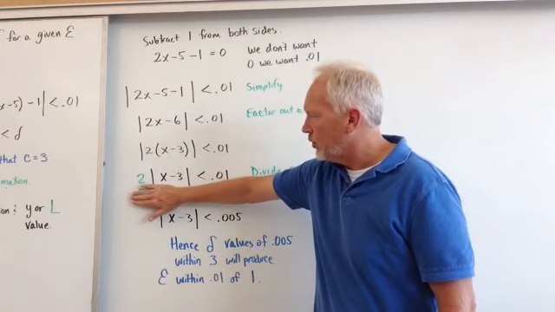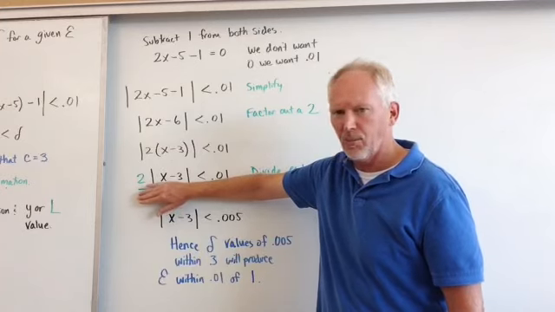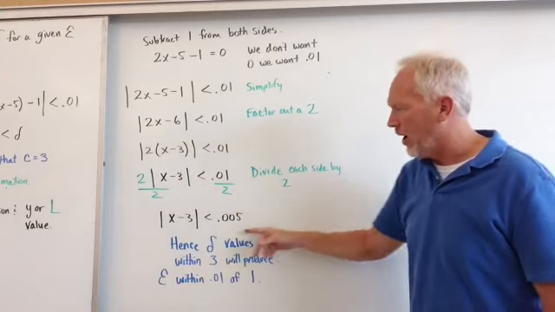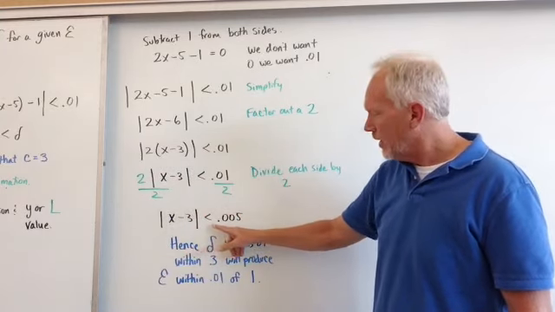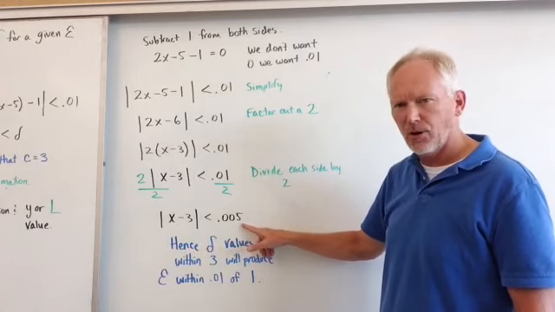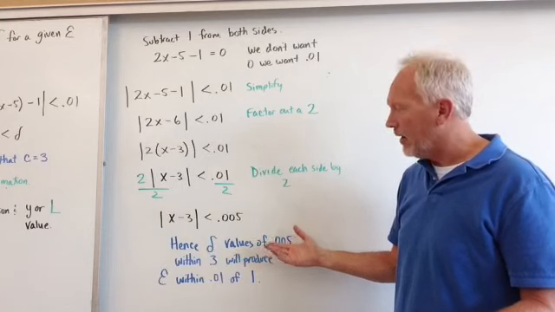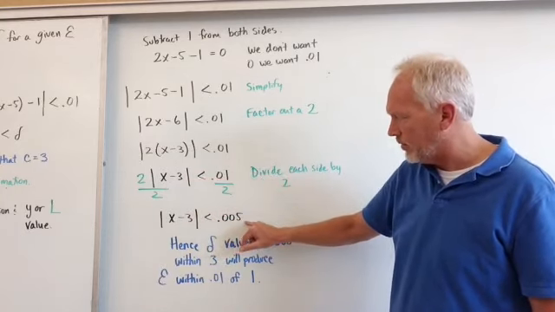We end up with the absolute value of 2 times x minus 3 less than 0.01. We divide by 2, and we find that the absolute value of x minus 3 is less than 0.005. So we have concluded that those values are going to be less than 0.005.